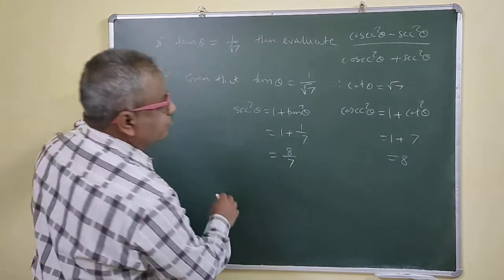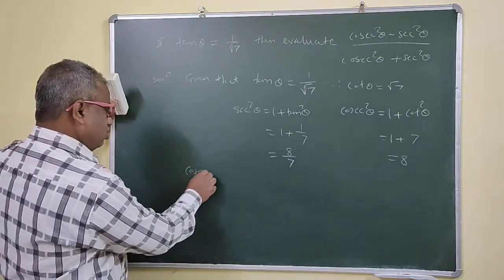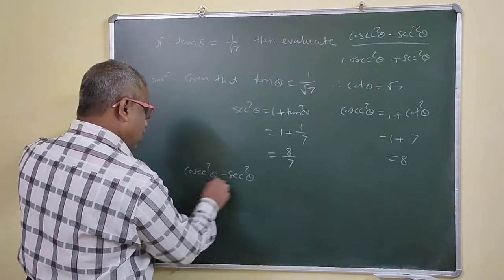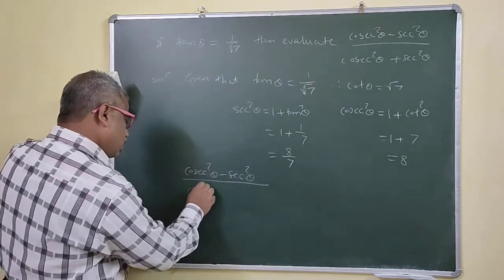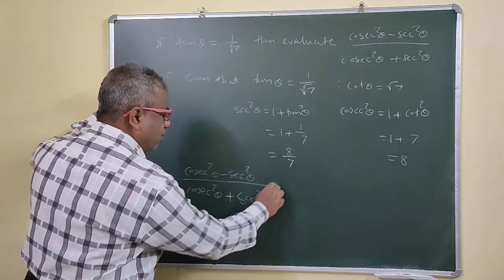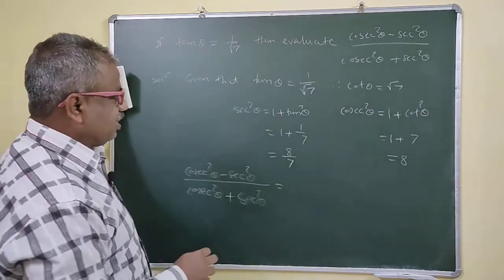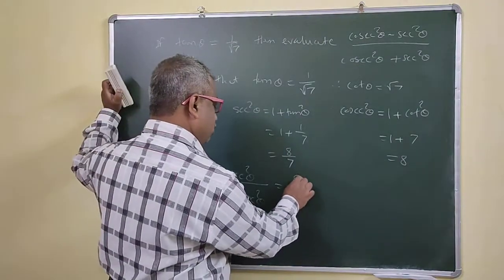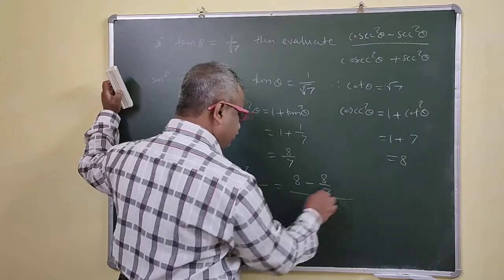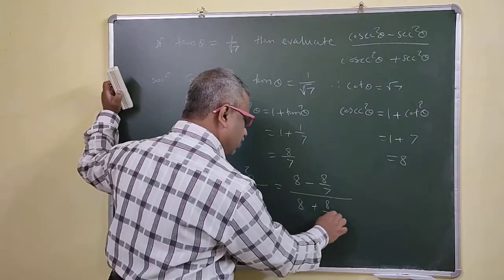Now we'll take cosec square theta minus sec square theta upon cosec square theta plus sec square theta. Put the values of it. Cosec square theta is 8, minus sec square theta is 8 by 7, then 8 plus 8 by 7.